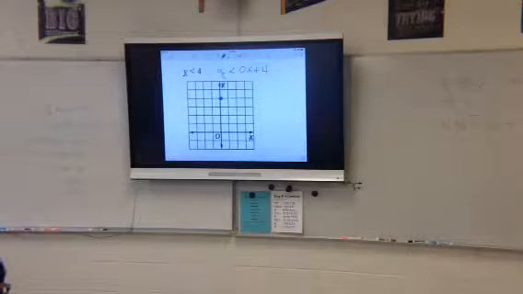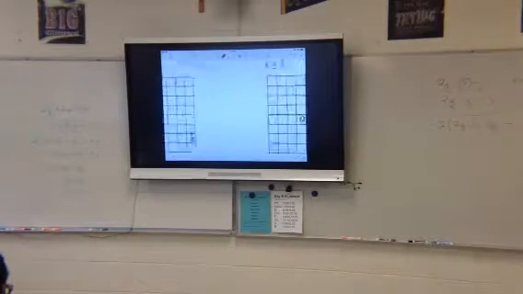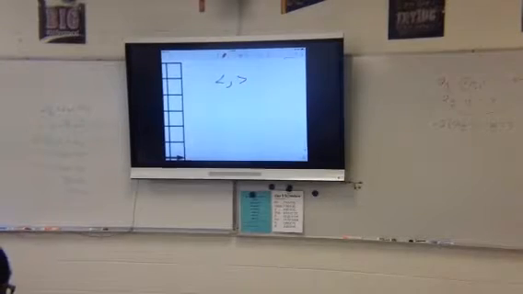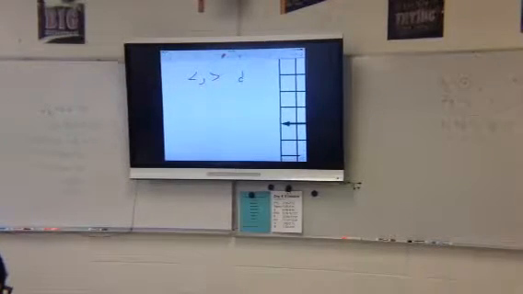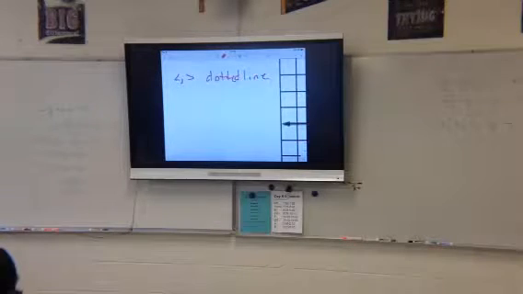So, horizontal line. Now, one of the things we need to talk about, you're going to put a note here in the middle of your grids. If we have less than and greater than, we are going to be putting what's called a dotted line. When we have a dotted line, it's just like when we had an open circle.